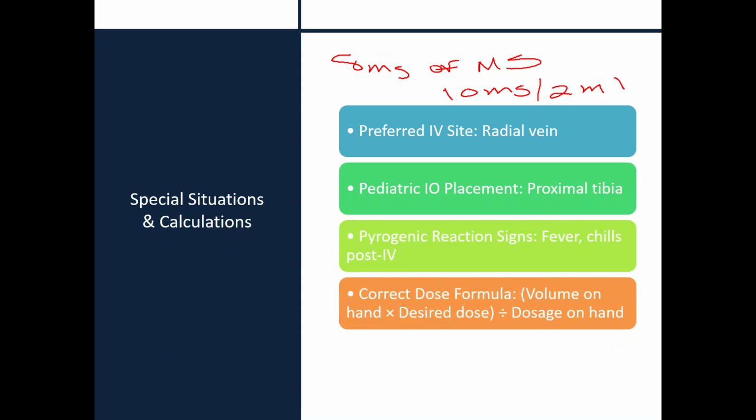Actually, let me change it. I just want to make it as easy as possible for you guys. I have 10 milligrams, and I will just say I have 10 milliliters.